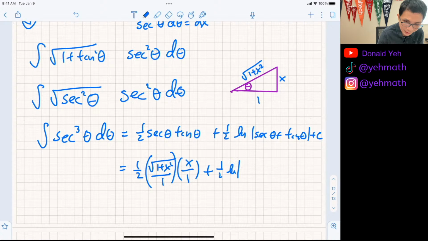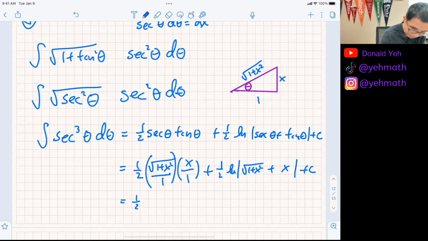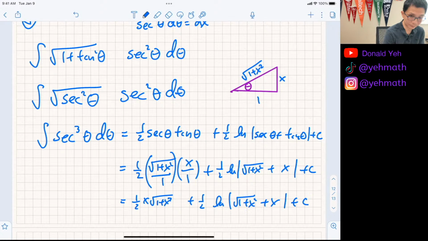What is secant theta? Again, it's the square root of 1 plus x squared, plus x, plus c. And then you're done. And this is finally done. Okay, so tangent is x.